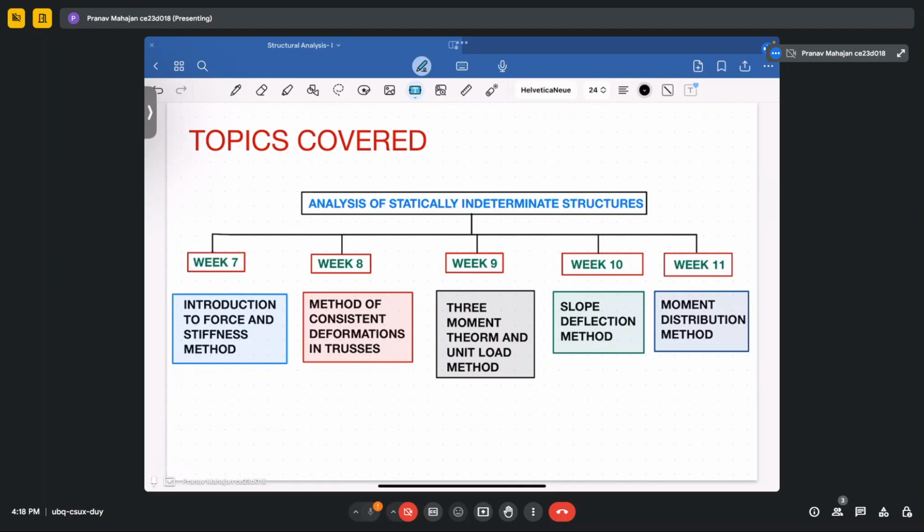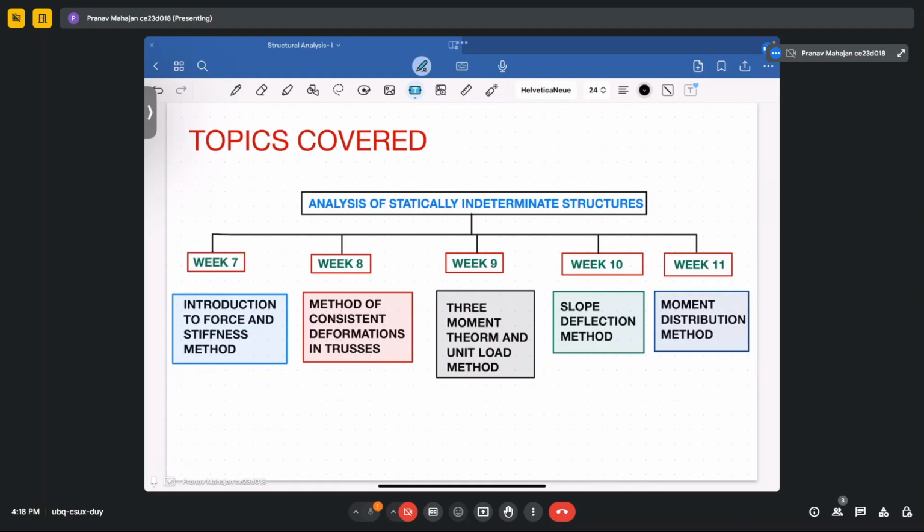We have also seen how we can utilize the concept of method of consistent deformation in trusses. So in that case, what we have done, we have taken a truss and we have determined the degree of static indeterminacy. And based upon the degree of static indeterminacy, we remove the redundant and make the structure determinate.